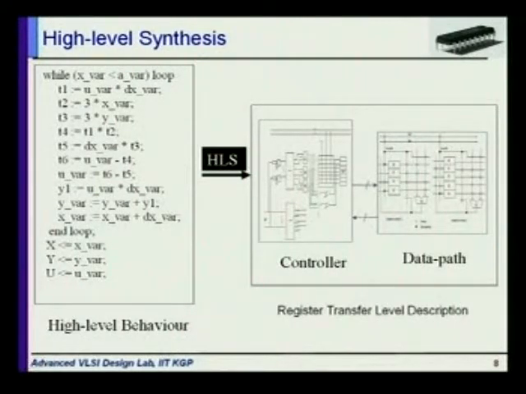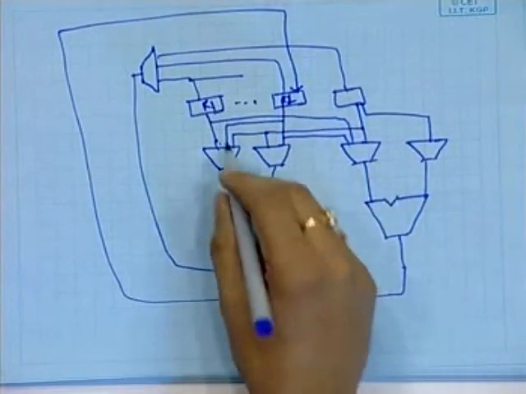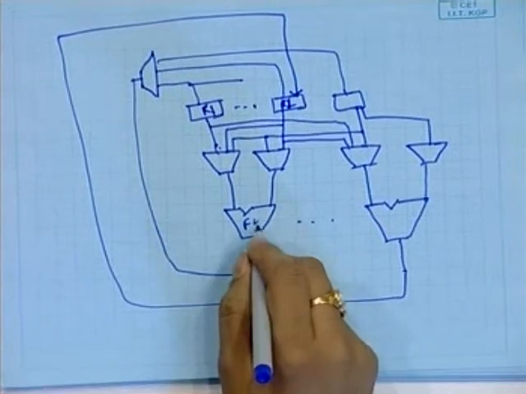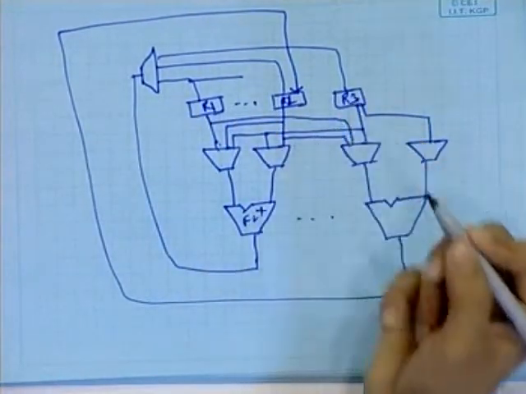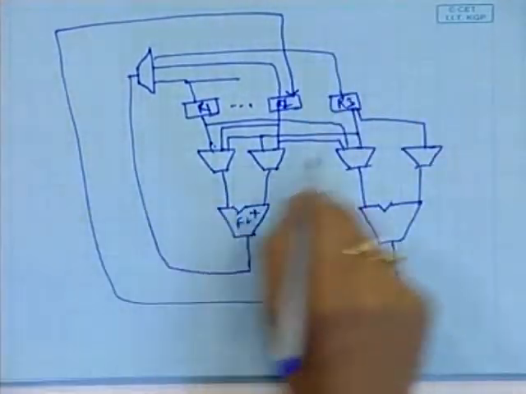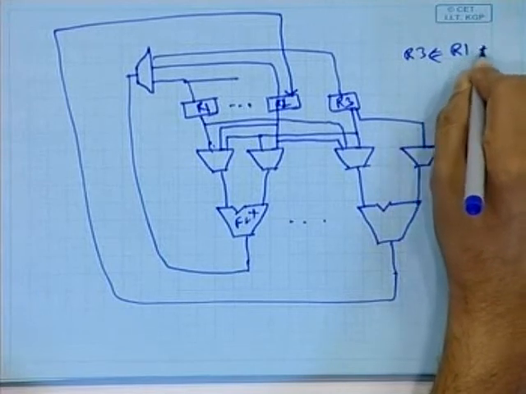So let's understand how things can proceed. In our hardware, in the first control step, suppose your R1 and R2 come to function unit 1 and it performs addition and the result goes to R3. So in the first control step, in the first clock, you execute R3 equals R1 plus R2.